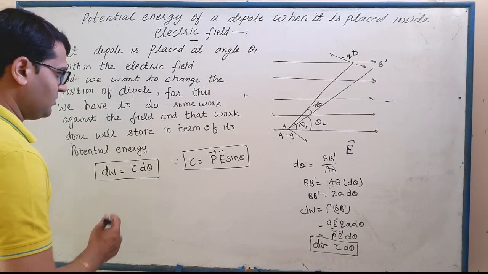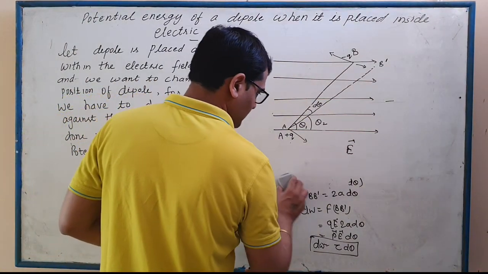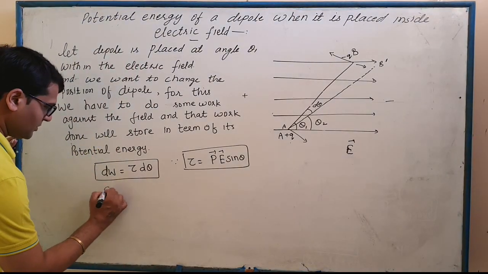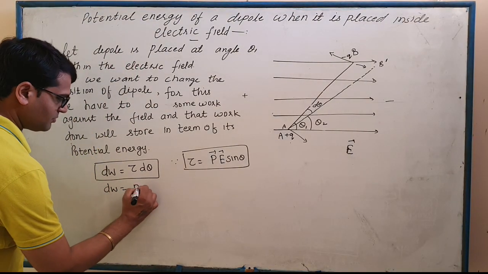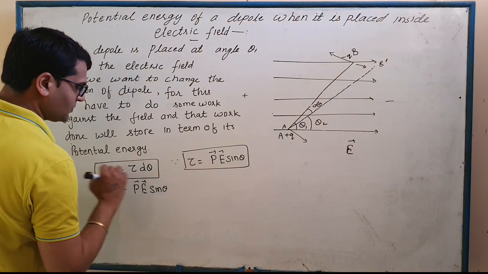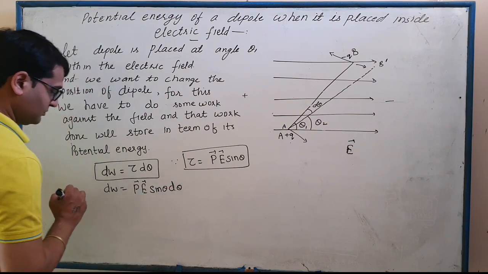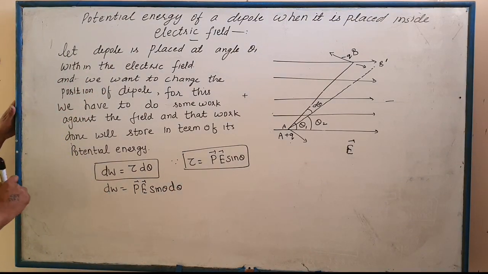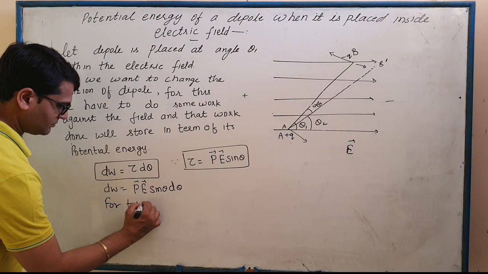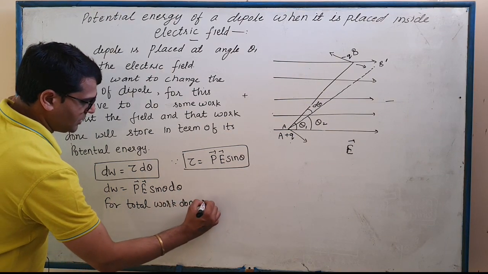Now we can use the value. dW is equal to torque, which is P into E sin theta for the general equation, into d theta. But this is the small work done and we want the complete work done. For total work done, integrate both sides.